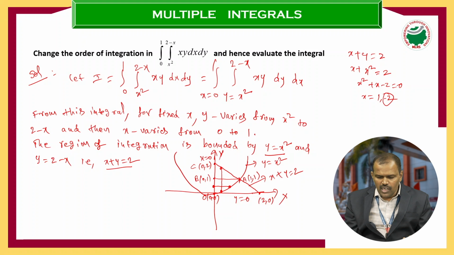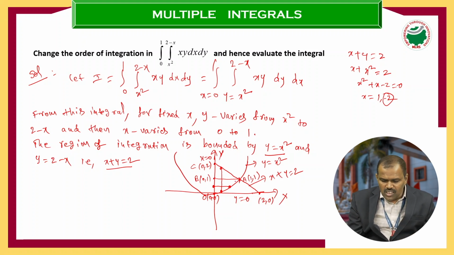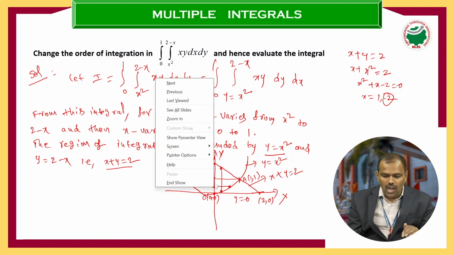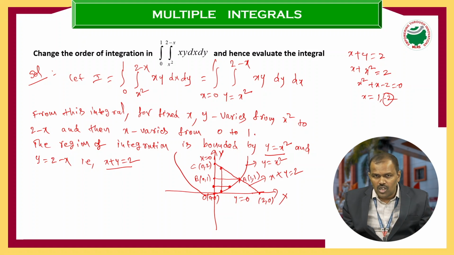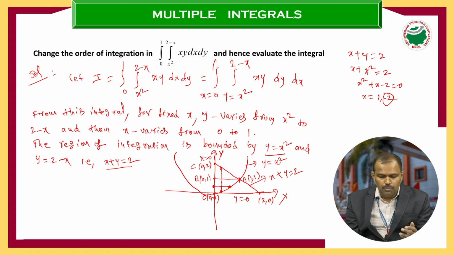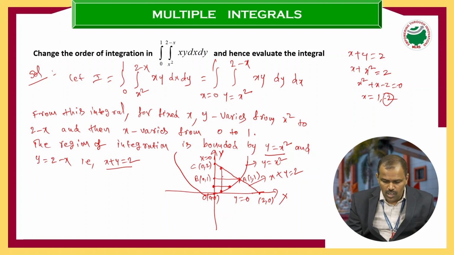So for the horizontal strip in the first half, that is OAB, one edge is on which axis? One edge is on the y-axis, another edge is on the parabola. While after reaching the middle of the region, in the region of ABC, if we take a horizontal strip, what will happen?